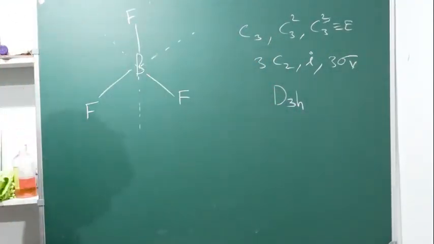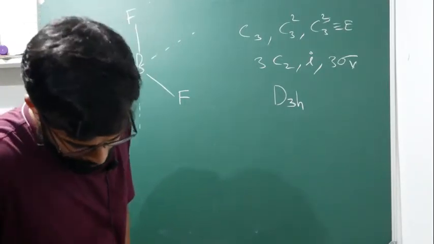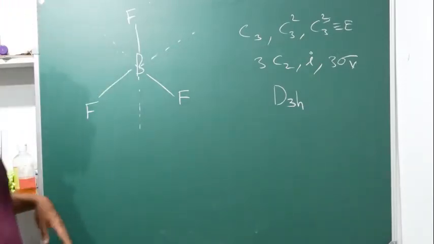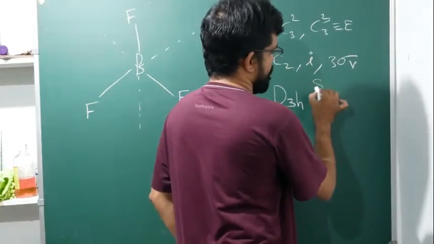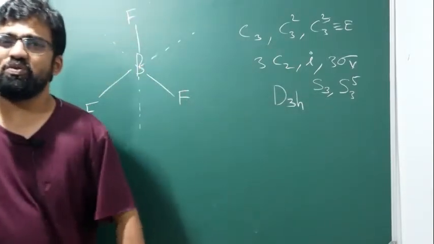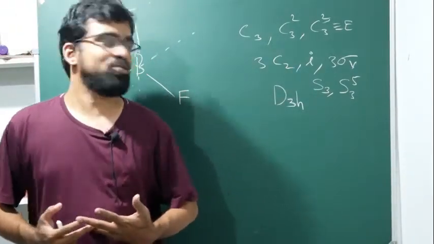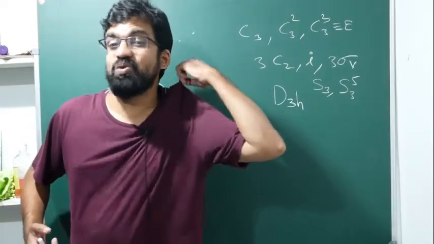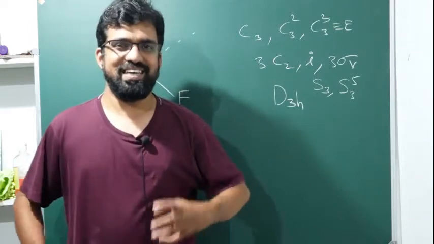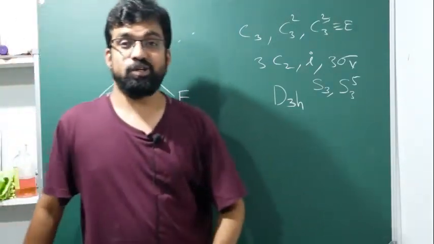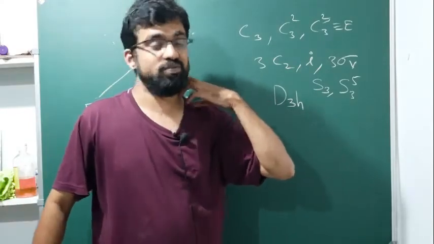Then S3 is there, S3 raised to 5. Suppose you may have some doubt. S3 is denoted, but why is S3 squared not? This question comes quite often to me, but there is an answer for this also.